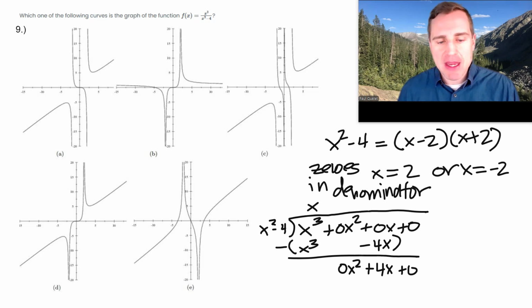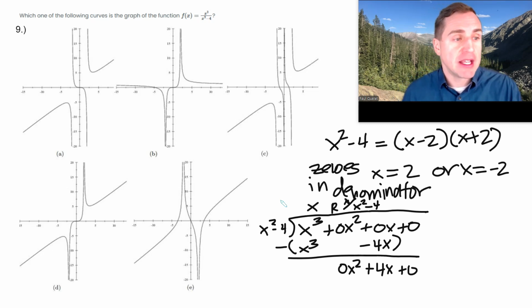That's actually the remainder. So the remainder is going to be x over x squared minus 4. Now, what that means is, because x divided out evenly, that's the slant asymptote. In other words, that's what this thing should look like as it approaches infinity.